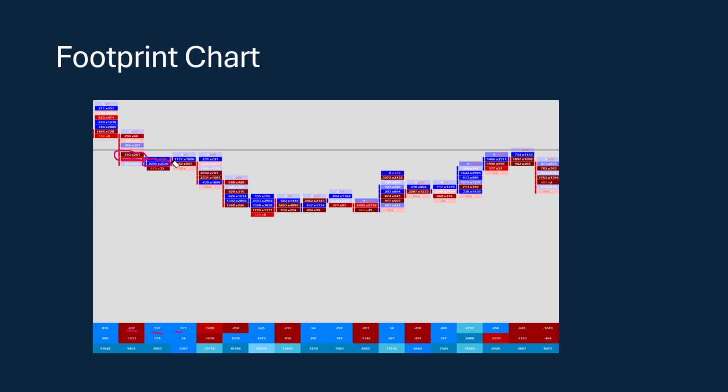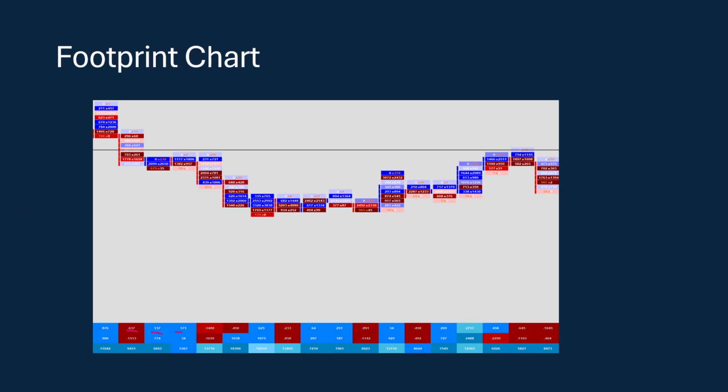Then right here we saw a little bit less selling, so you could even exit this position right here. But even those 2 ticks are a pretty large number if you're using more than 5 lots, okay?